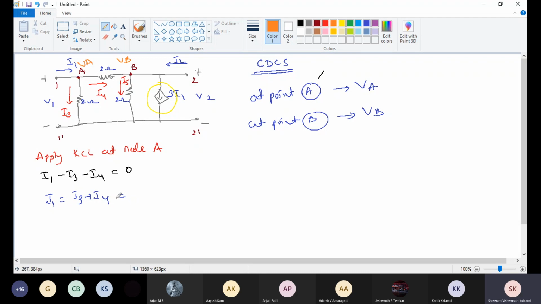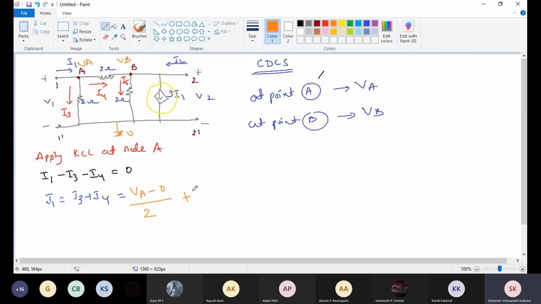Then I1 equals to I3 plus I4. Here I3 I can write as higher potential to lower potential, from A to B: VA minus 0 divided by 2 for I3.